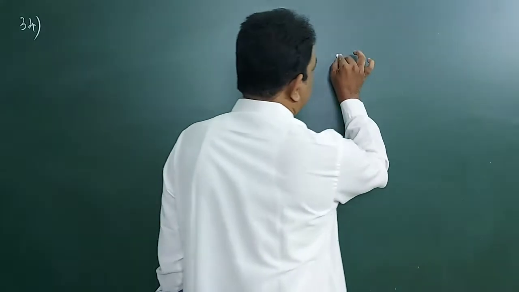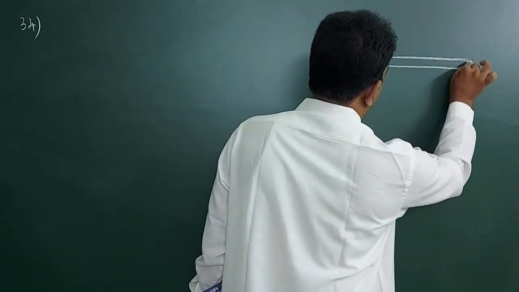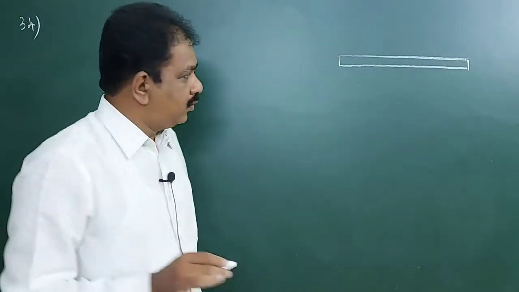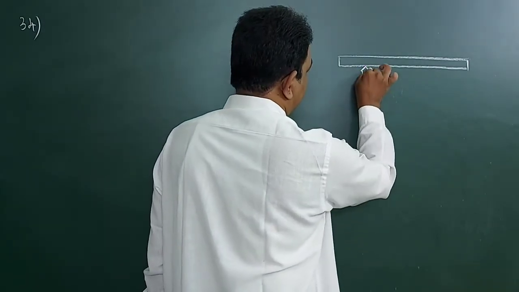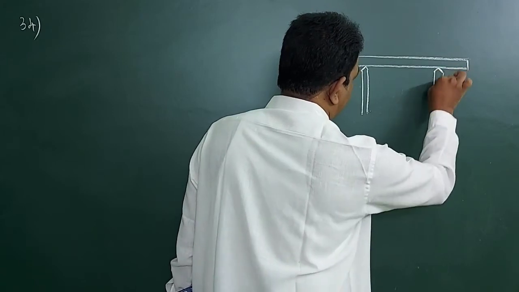So here there is a rod. That rod is supported by two knife edges. This is one knife edge, this is another knife edge.